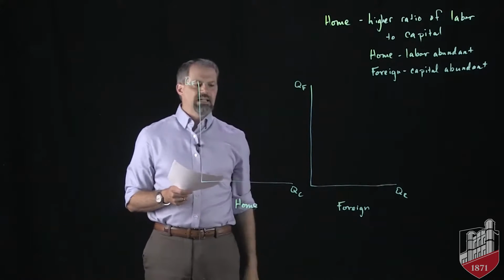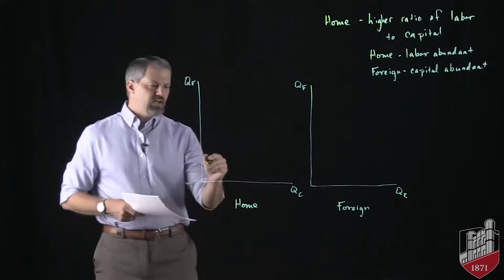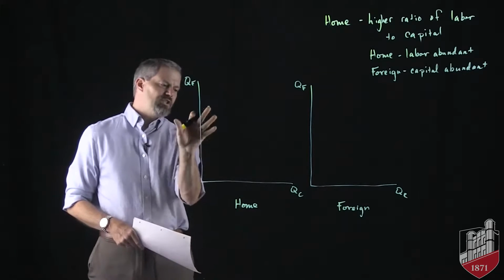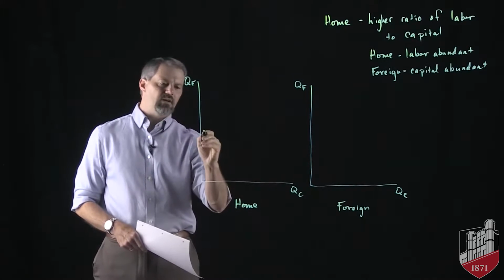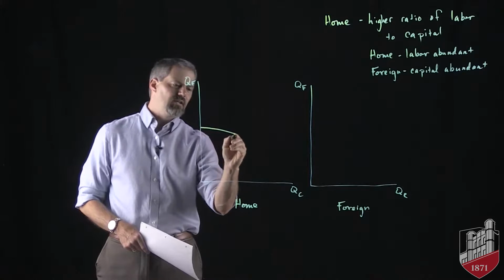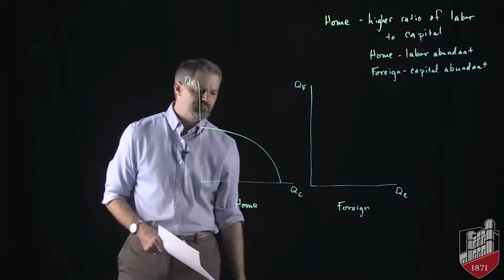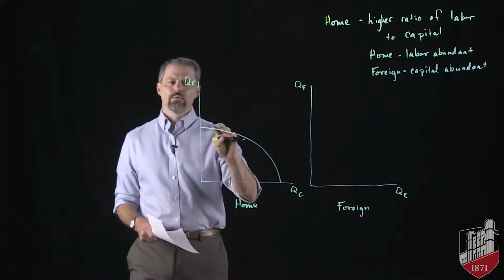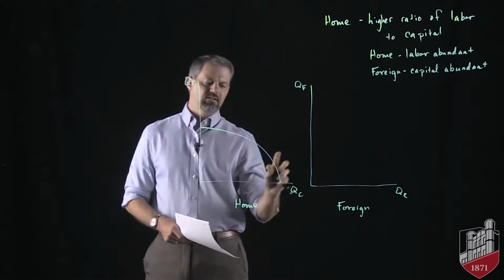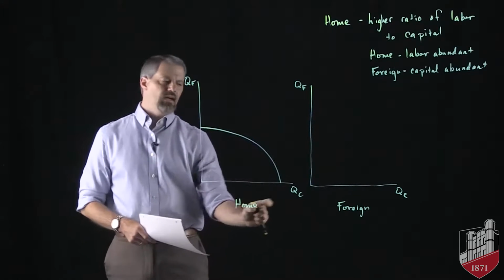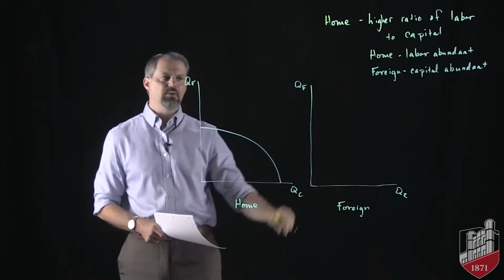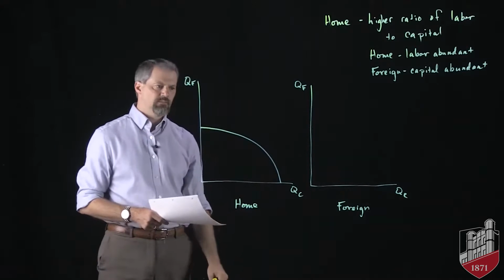Because home is labor abundant, its production possibilities frontier is going to be shifted out in the direction of cloth, because production of cloth is labor intensive. Production of cloth is going to be labor intensive at home and also in foreign, because we're assuming that they have the same technology.